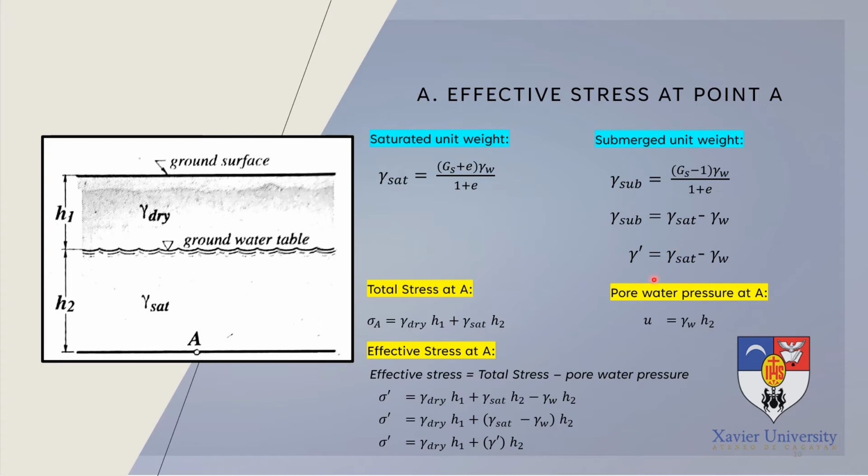That is basically just the gamma saturated of that layer minus the gamma water. So it is basically just this one.